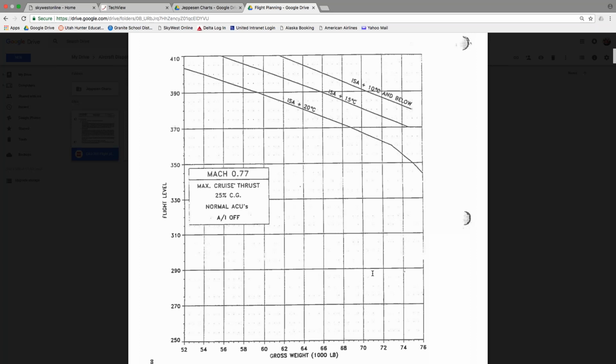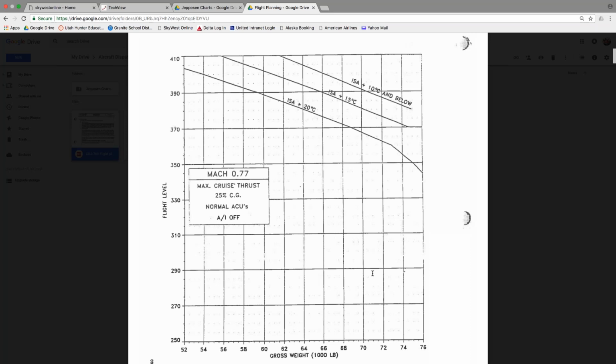And then the altitudes are over on this side, right? So we've got 35, 37, 39, and 41.